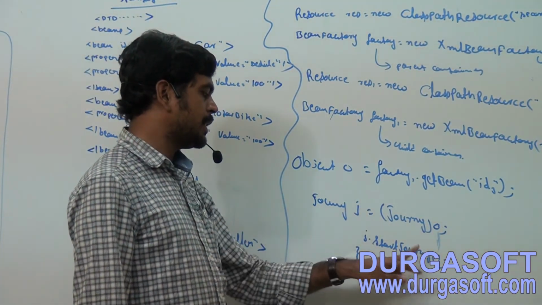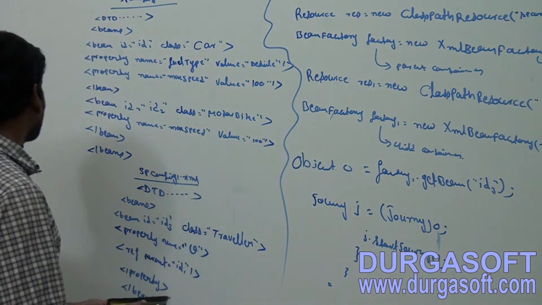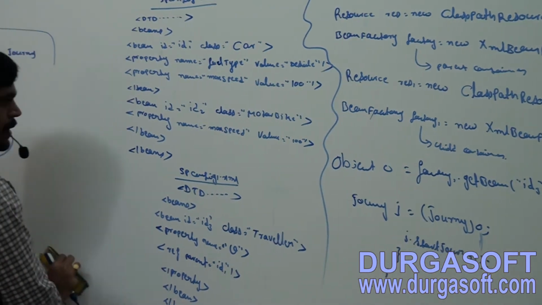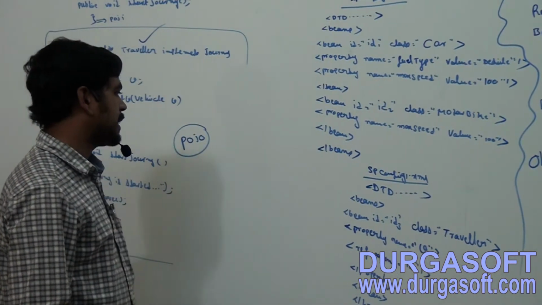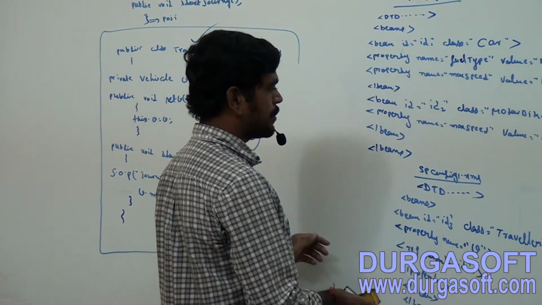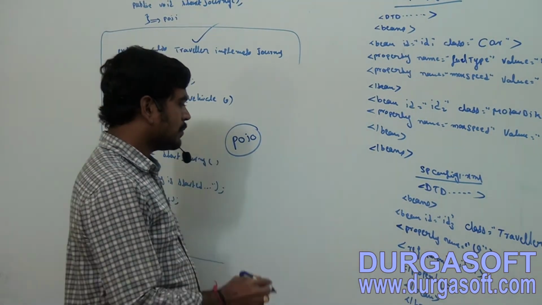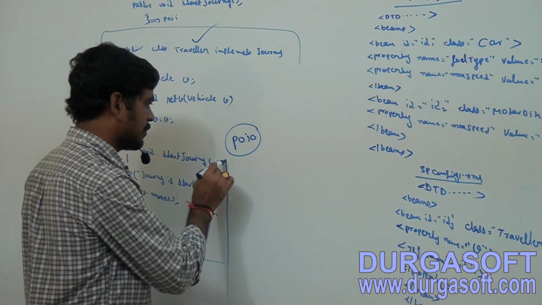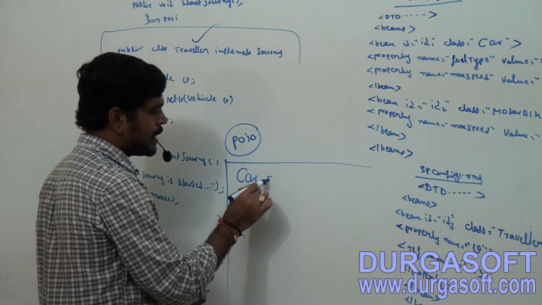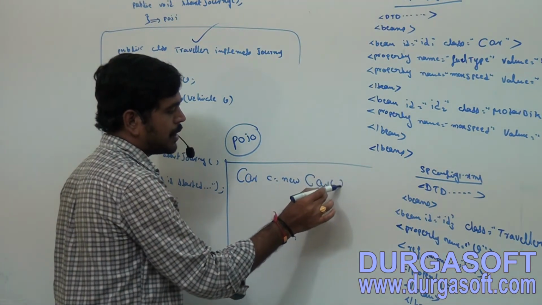Whenever we are calling J dot startJourney, first the Car class object is going to be created. Then next it is going to create what? The Traveler class object. Like this the Car class object is created: Car C is equal to new Car.